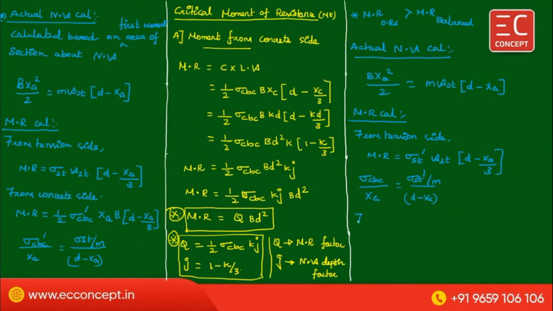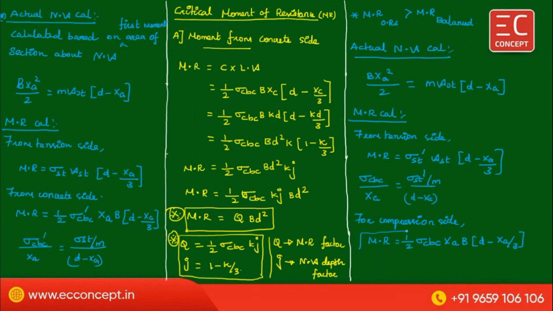Then if you take moment from the compression side, you will get moment of resistance equal to half into sigma cbc into xa into breadth into d minus xa divided by 3. If you substitute, then you will get an answer.